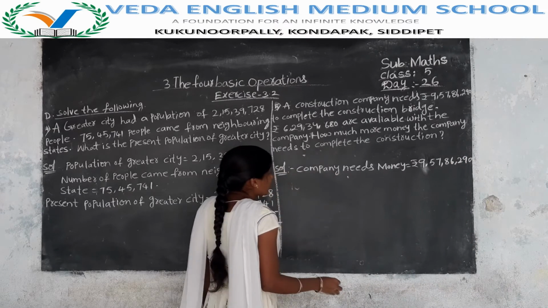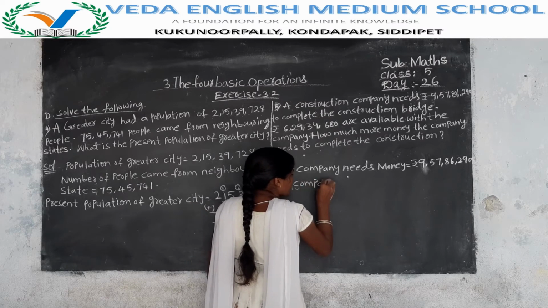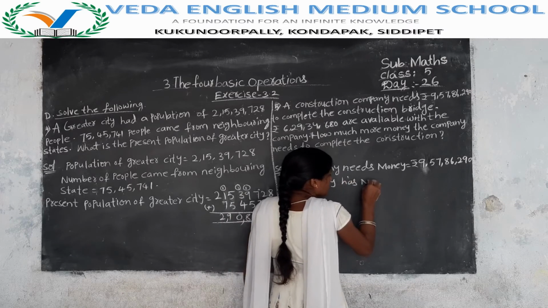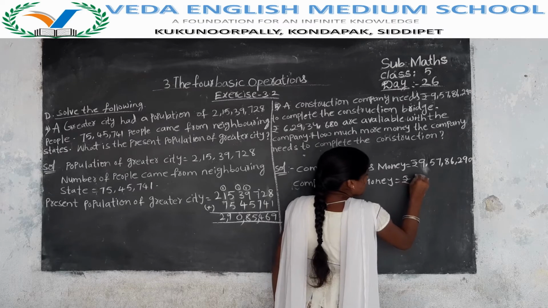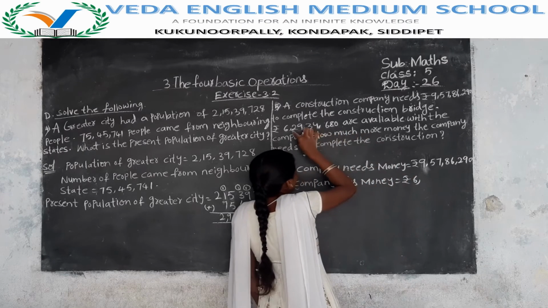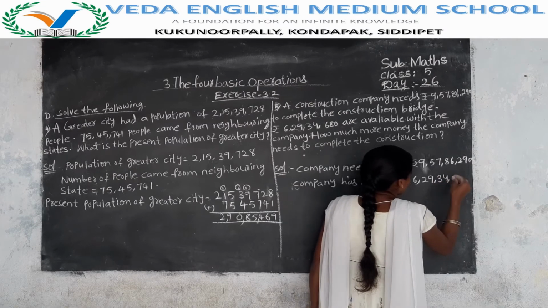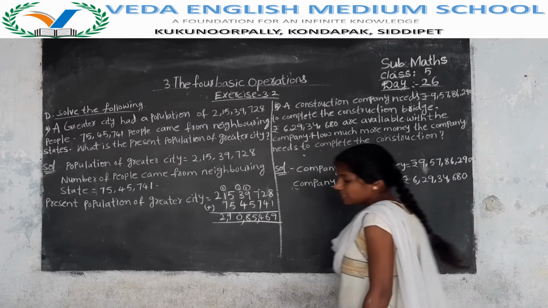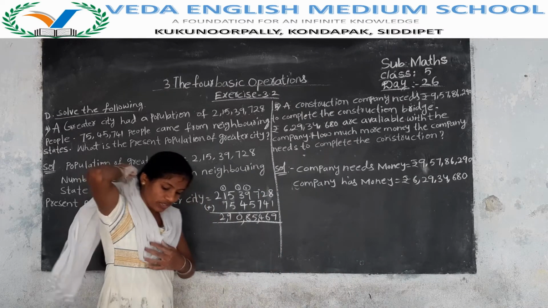But the money the company has is 6 crore 29 lakh 34,680. More how much money do they need? To get the more money, what do we have to do? Here we have to do subtraction.